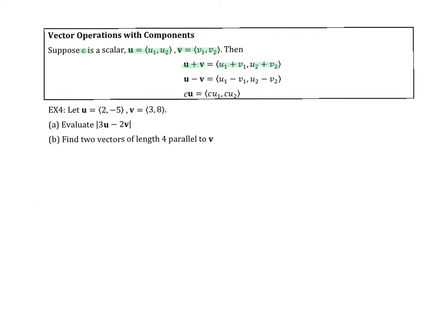So u sub 1 plus v sub 1, u sub 2 plus v sub 2. And that would be the same if we're subtracting: u sub 1 minus v sub 1, u sub 2 minus v sub 2. When we take a scalar or a real number times our vector, we distribute that real number to both components of the vector.